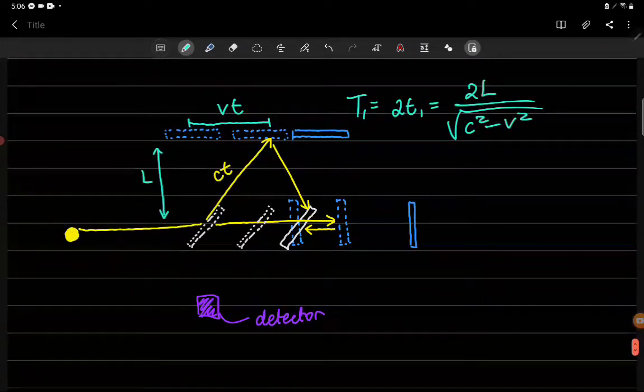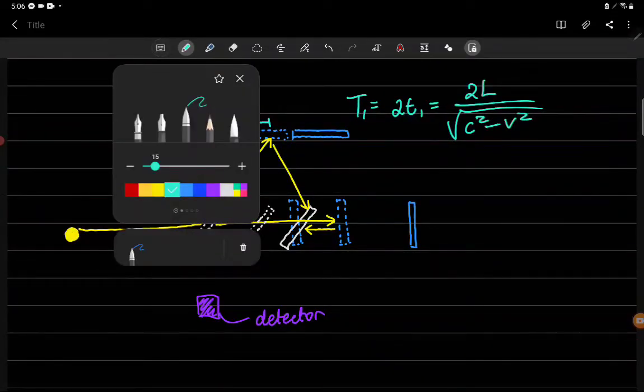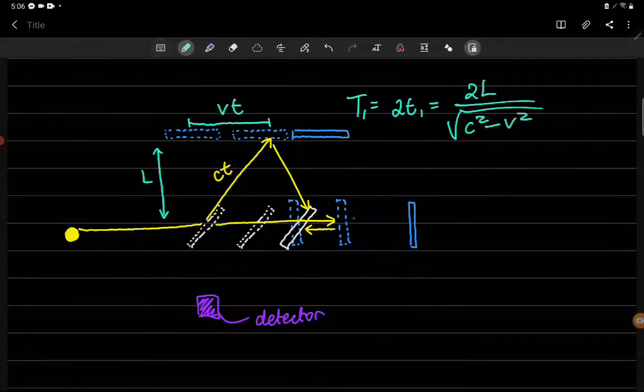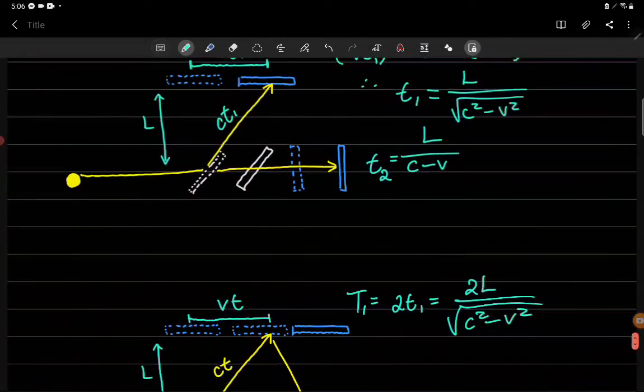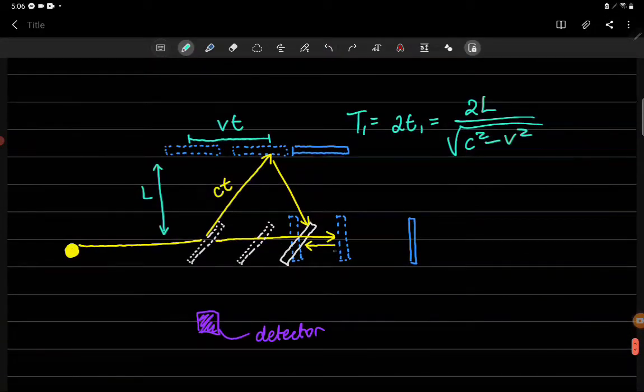Down here, it's a little bit more complicated because if we look at how this light is traveling down here, at the moment earlier where it's been reflected off this point here, it starts traveling backwards. But this time, as it's traveling backwards, the beam splitter that it's traveling towards is also traveling towards the light itself.